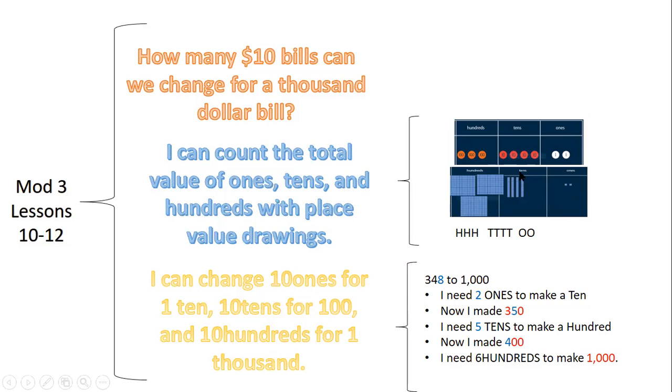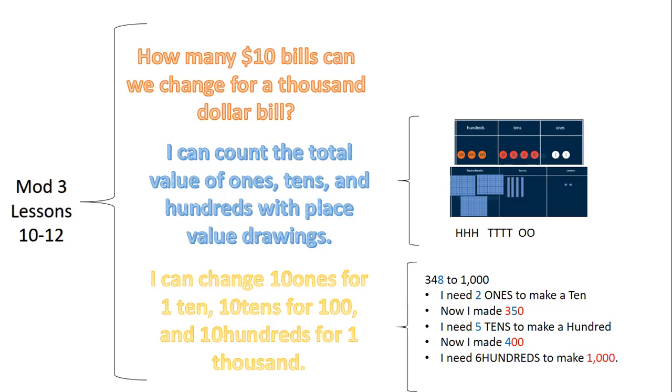This also says 342, but these are the blocks, the 100 squares, the 10 sticks, and the one little tiny blocks, okay? But on your homework, you will be using letters. These are hundreds, these are tens, these are ones. All three of these examples are the same number, 342, just different ways of showing that you understand place value.